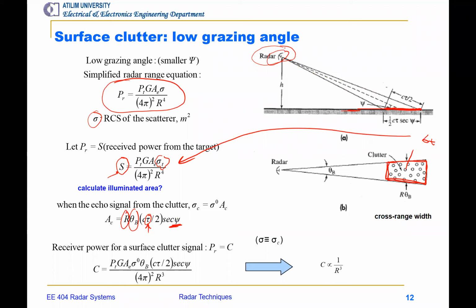And so the area from which we got clutter echo is going to be r times theta b theta over 2 secant psi.